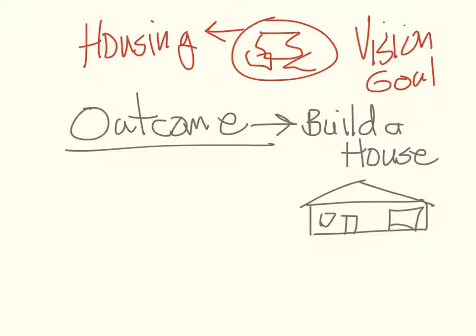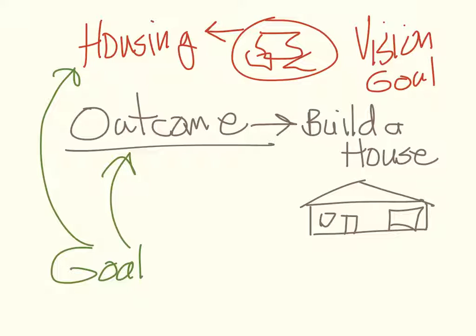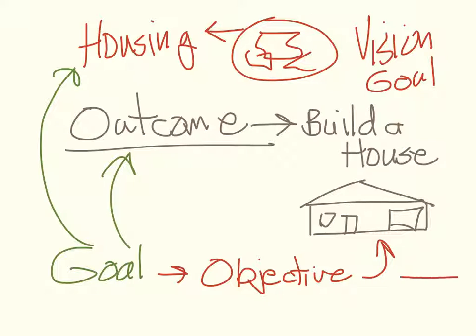Okay, now you can see where I'm going. To accomplish this goal of housing, we develop outcomes which then lead us to, let's say, an objective. All right, an objective. Yeah, let's go to another page. So our objective now, let's say we're going to build a house.